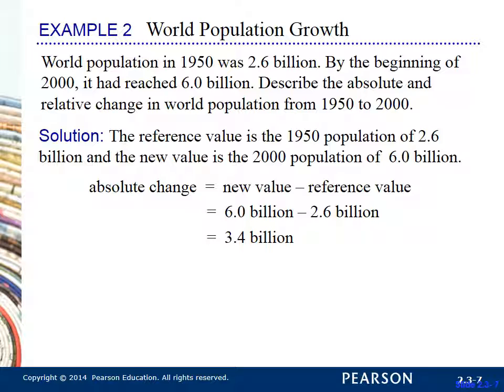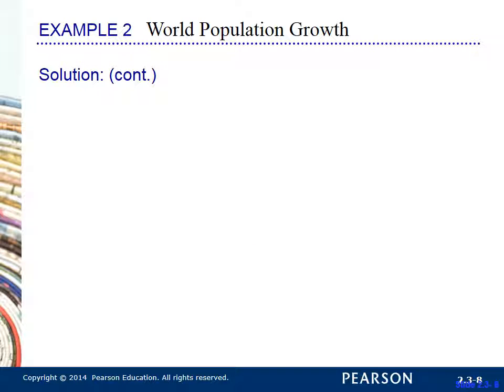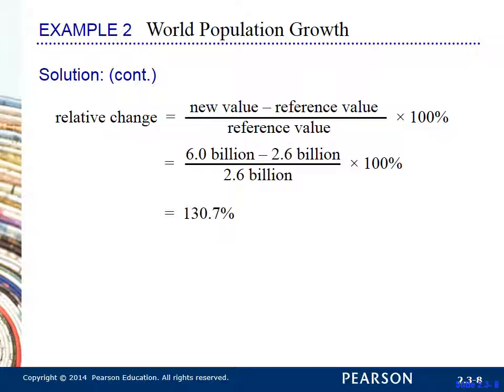To get the relative change, we need the absolute change, and then we will divide by what we started with, called the reference value. So relative change is absolute change, which is new value minus reference value, divided by reference value, or what you started with. So 6 minus the 2.6. Notice you divide it by what I call the original value, the reference value.